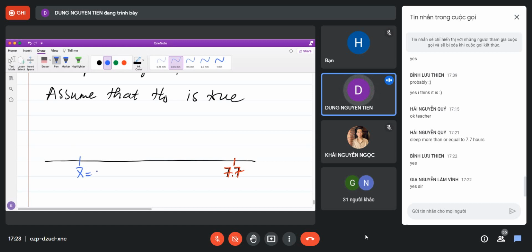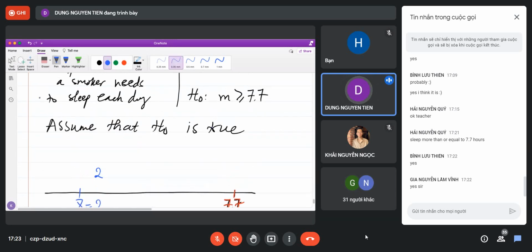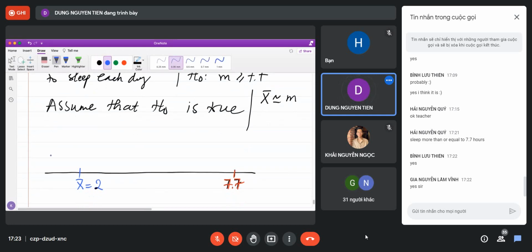If X bar is way too small, let's say only 2 hours, so it is much less than 7.7. And because we knew that X bar is just an approximation of m, X bar and m are close to each other, so m should be around here.